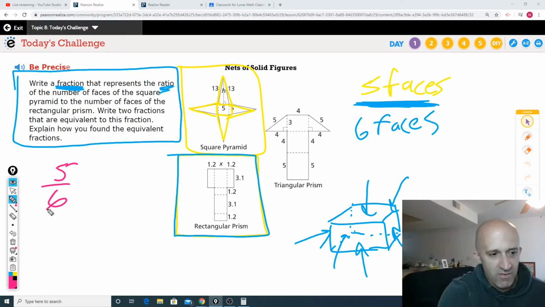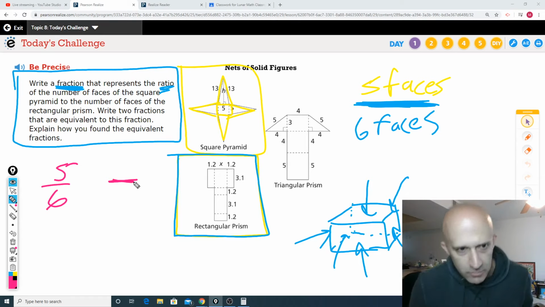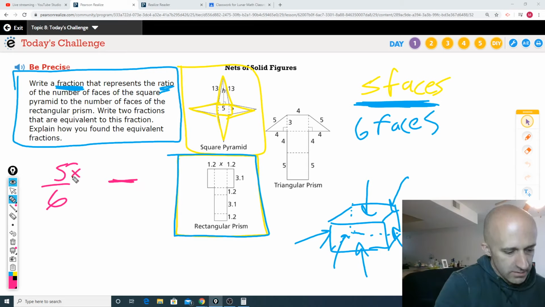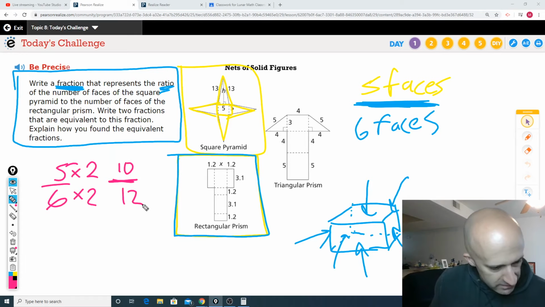You can take 5 over 6 and multiply both the numerator and the denominator by a common number. If I multiply the numerator by 2 and the denominator by 2, an equivalent fraction would be 10 over 12.